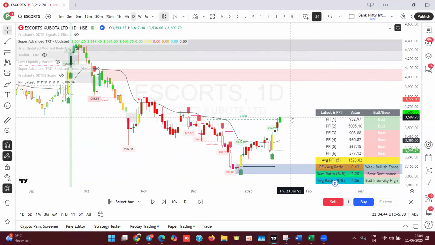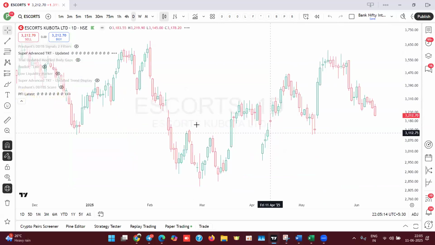So this could have given us the interpretation that if you are looking to go long, wait for a retracement entry, and if you get a retracement entry, book either partial profits or exit completely at first target. This can be used as your model for target based entry. But when PFI is high, everything is bullish, everything else is supporting the analysis. At that time, we can look for good opportunities.